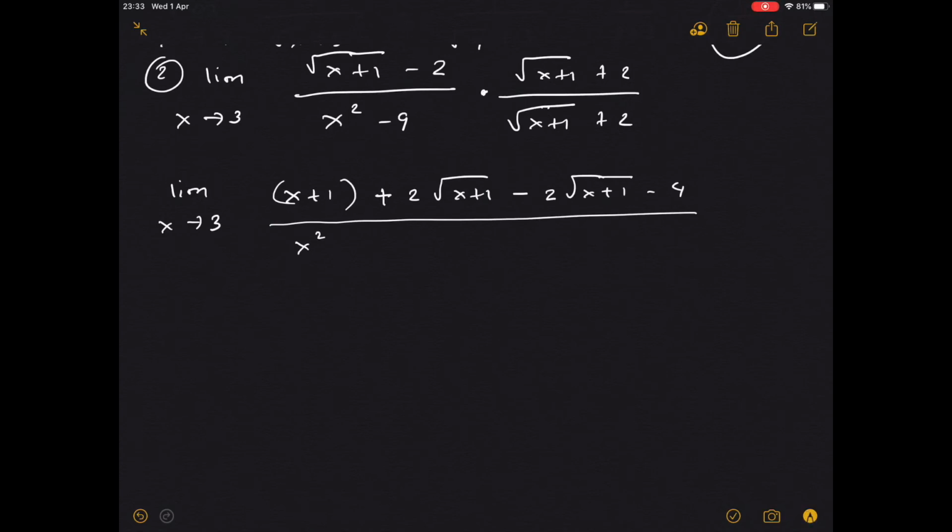Again, I will not do the FOIL method in the denominator yet because we're going to simplify the numerator first. So the numerator will have 2 times root x plus 1 minus 2 root x plus 1. So this one can be cancelled.